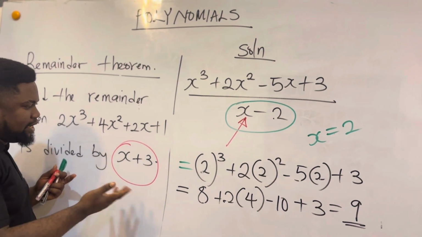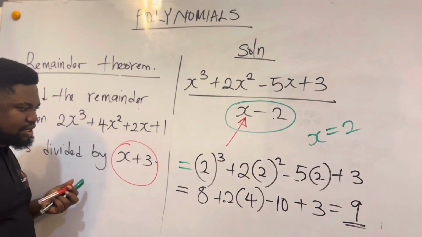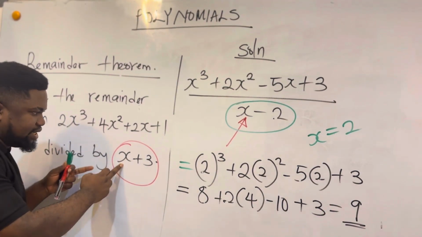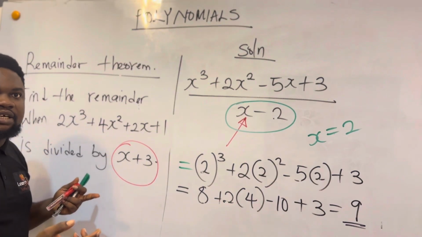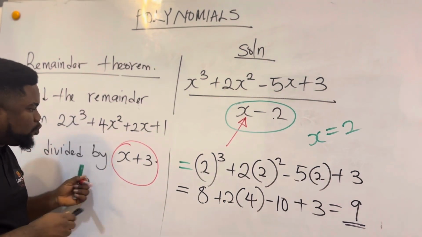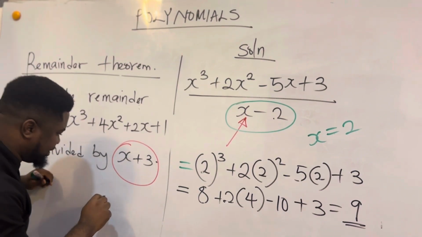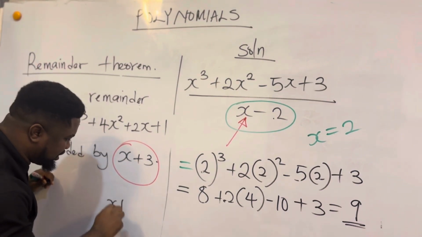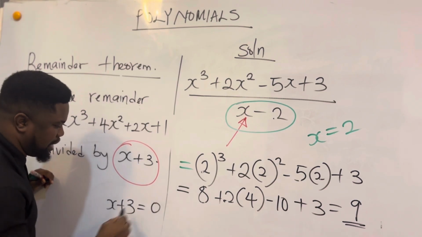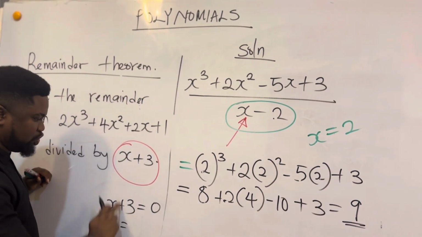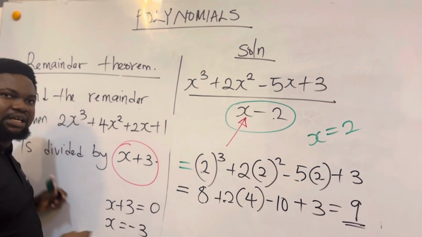For me here, what makes here 0 is what? Is it 3? 3 plus 3 is 6. So you just find what makes here 0. If I just do my x plus 3 equal to 0, I have that x is equal to minus 3.